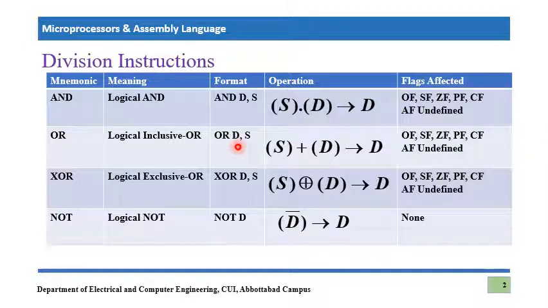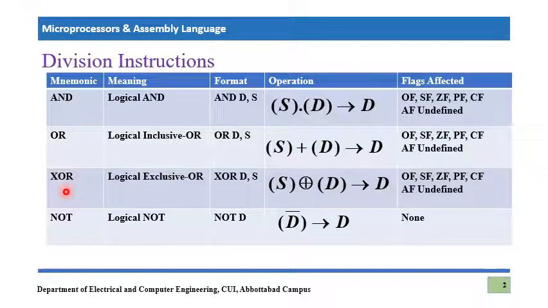D is a destination operand and S is a source operand. Plus is the normal sign for the OR gate, a very well-known notation. So source plus destination, and the result will get stored in the destination. Some flags will be affected and some are undefined, so those are mentioned here.